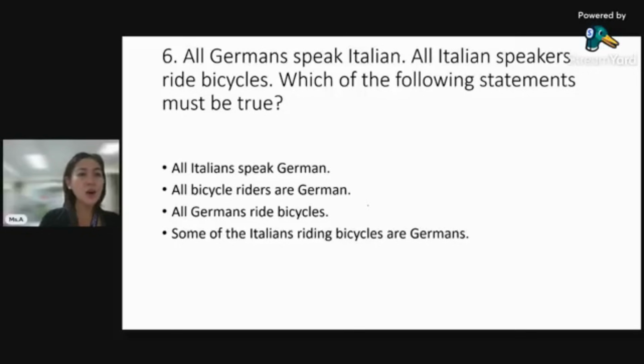Okay? All Italians speak German. All bicycle riders are German. All Germans ride bicycles. Some of the Italians riding bicycles are German.